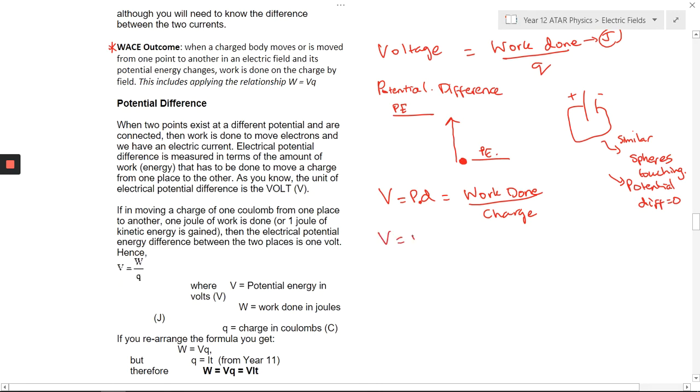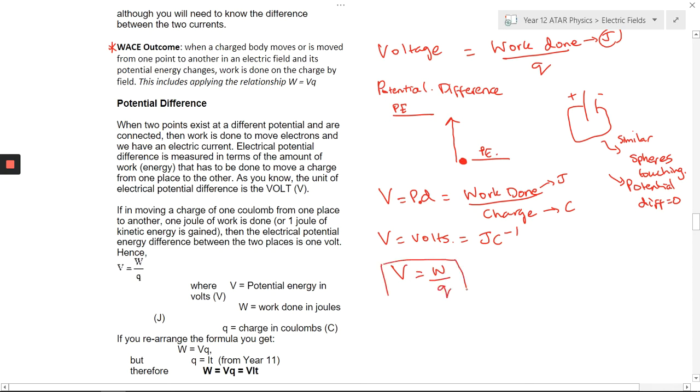Voltage is measured in volts. It's work done per unit charge, and work done is in joules. Charge is in coulombs, and so you get that a volt in its SI units is a joule per coulomb. That's what a volt is.